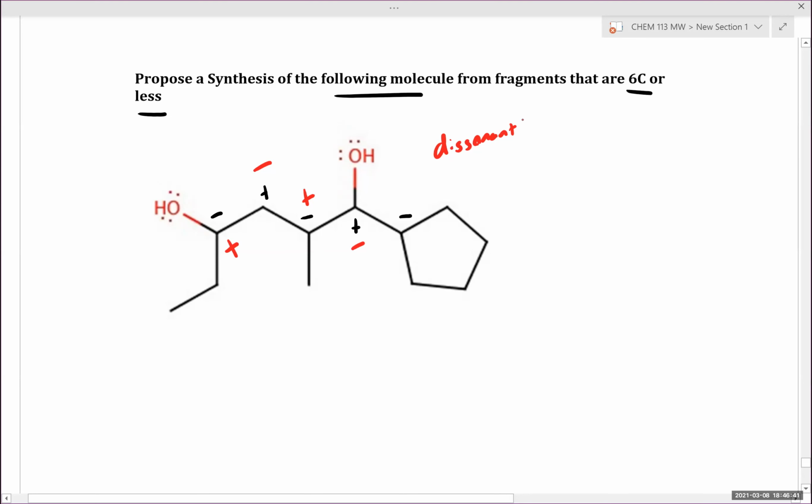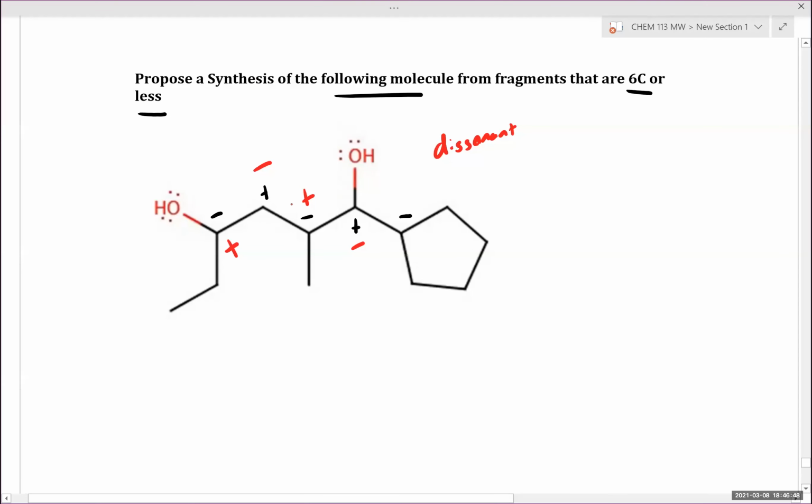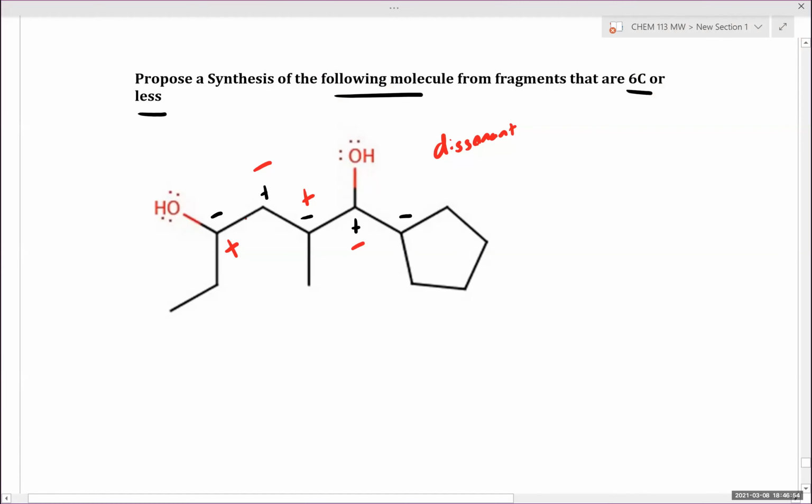So I'd like us to take a look at this structure. I've drawn out both of the electron distribution patterns that we could draw from each of our 2 alcohol functionalities. And I'd like us to think, what bonds can we break that would give us fragments that are 6 carbons or less?